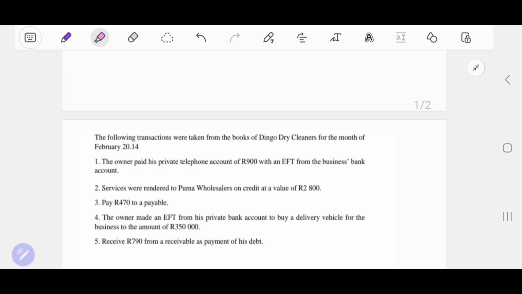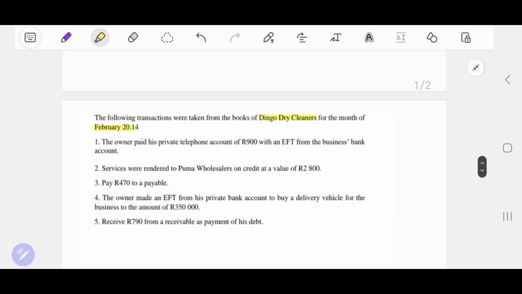So this example is taken from the study guide of accounting first year. It's saying that the following transactions were taken from the books of Dingo Dry Cleaners for the month of February 2014. So transaction number one involves the owner.